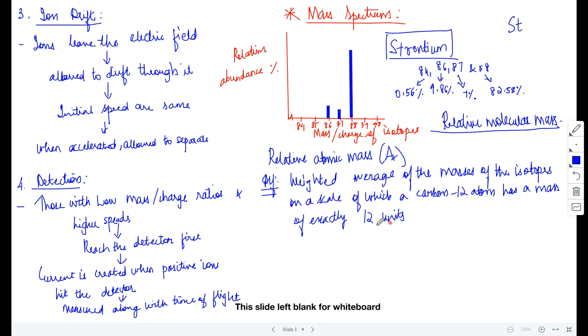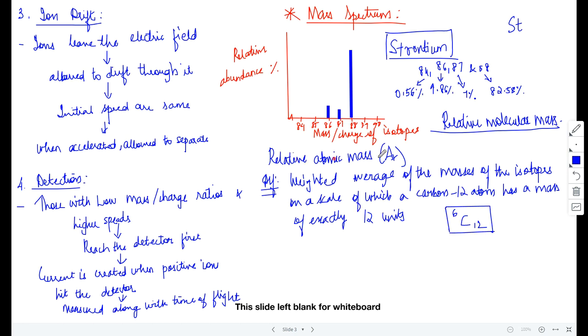So basically what we do is we compare it with a carbon-12 atom. Carbon has atomic number 6 and mass 12, so because it has the double value, we always compare our elements with the carbon atom.